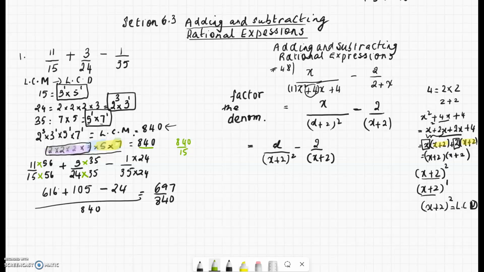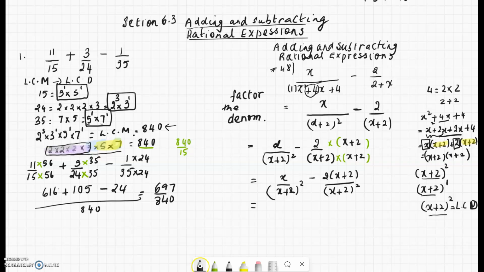And now we have to think about, what do we multiply x plus 2 with? And you have to do the exact same thing to the numerator in order to make it the LCD, which is x plus 2 the whole squared, and obviously that would be x plus 2. So we're multiplying the numerator and denominator with an x plus 2, and that's equal to x over x plus 2 the whole squared, minus 2 times x plus 2 over x plus 2 the whole squared.